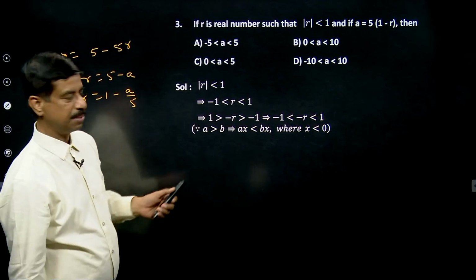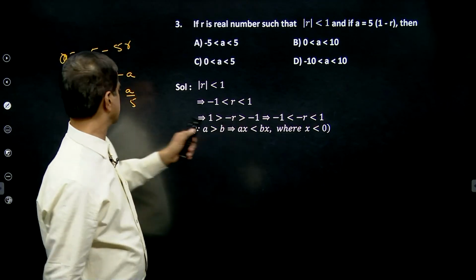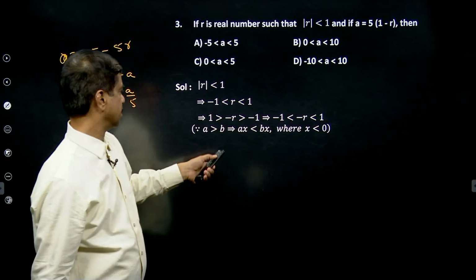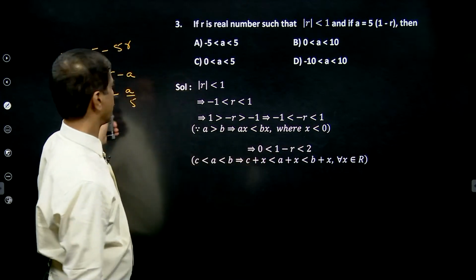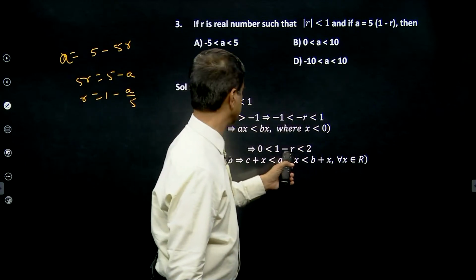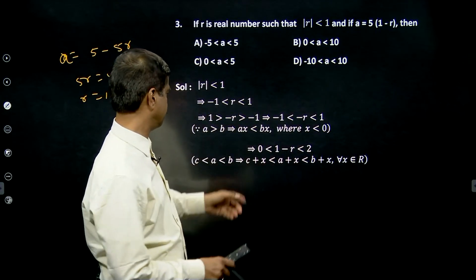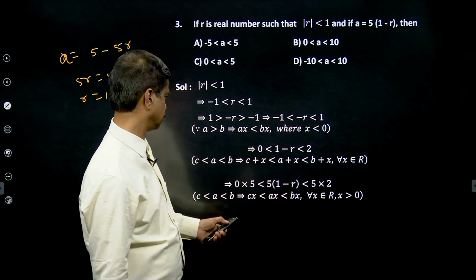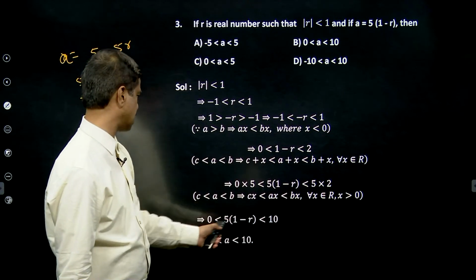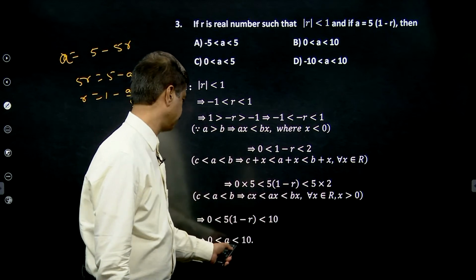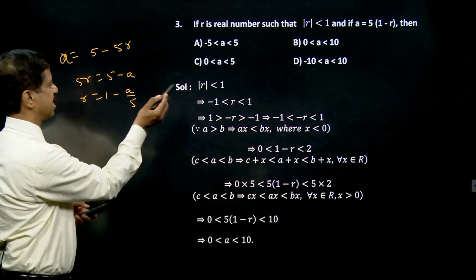So in place of R, I can write 1 minus A by 5. Please note that here. So 1 minus R is A by 5. Yeah, you see, 5 into 1 minus R is greater than 0, less than 10. Or otherwise you can simplify it.